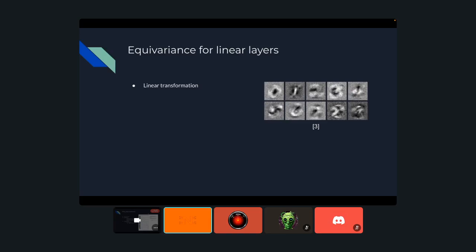So suppose we have some linear feature extractor that works on MNIST digits. It is a linear function that maps from pixel space to pixel space, and it's not equivariant. And we want to make something equivariant using it. There is a way to do this.